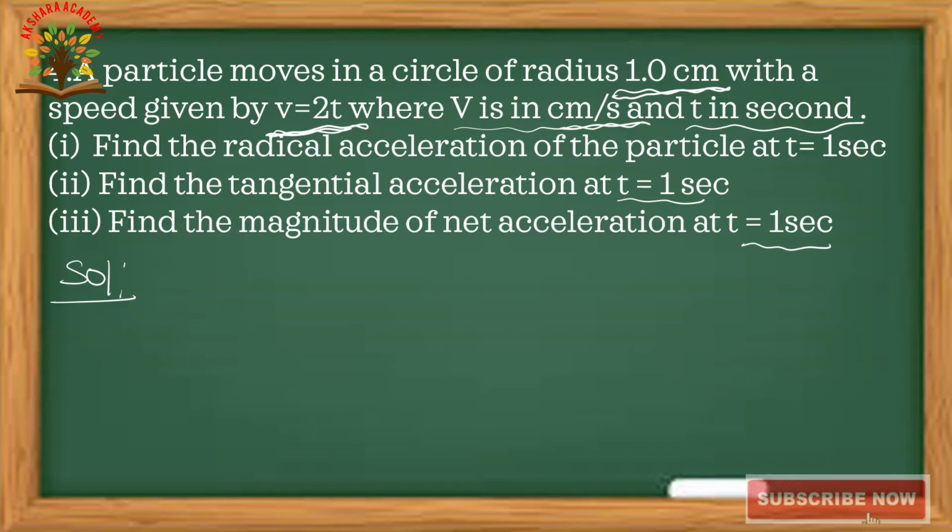These three questions are there. Let us discuss them one by one. First, finding the radial acceleration of the particle at t is equal to 1 second. Radial acceleration, or we can call it the centripetal acceleration, at t is equal to 1 second. We can call it either AC or AR.